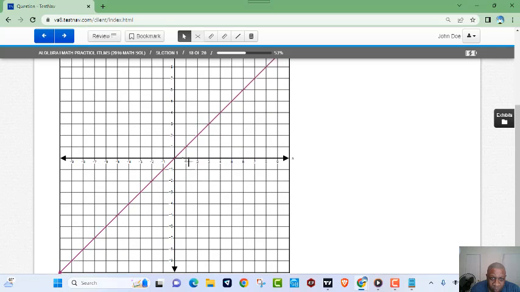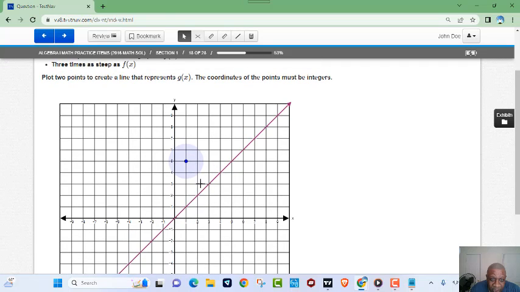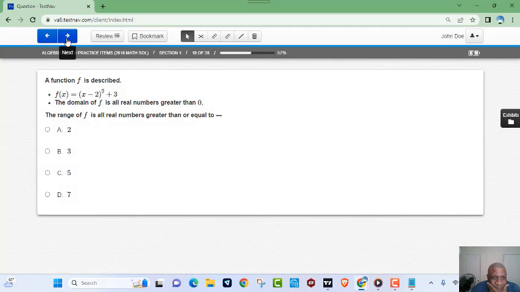So I can plot 1 and 5 right there, and then I could also plot 2 and 8 right there. And that's the graph. See, if we pull up the graph, yep, same thing. All right, so that was question 18. Let's go on to the next question.